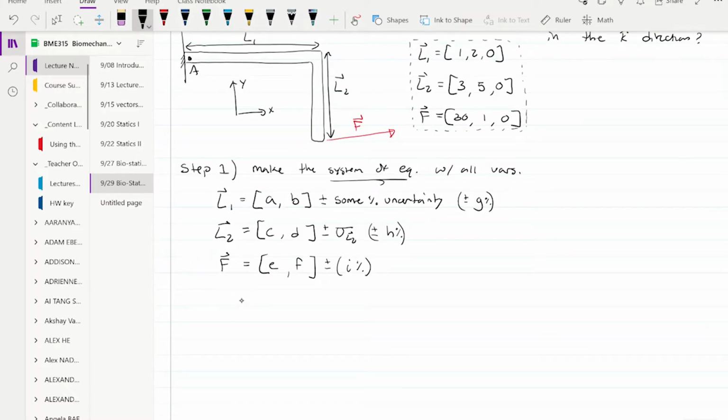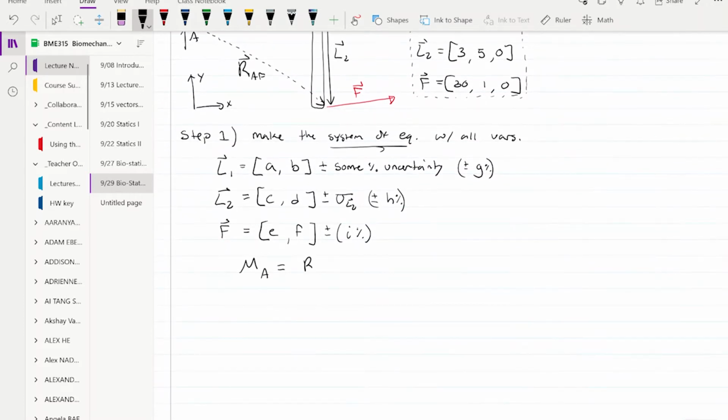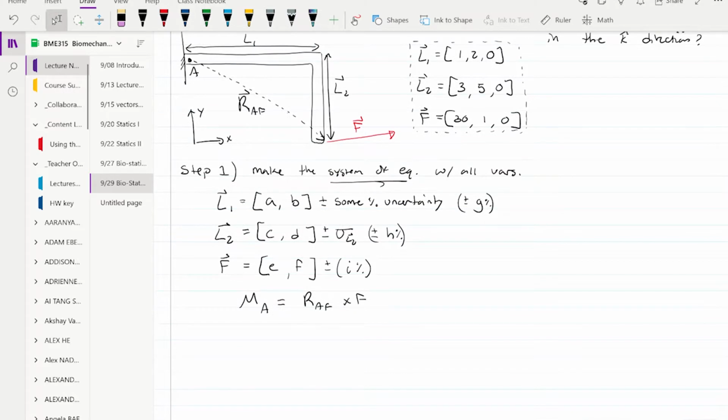So how we do this, we go moment about A is equal to, let's go ahead and just write a vector from A to F. So let's get this vector AF, it's called RAF. And if we just say RAF cross F, then we'll get the moment about A. All right, so how do we build RAF? So RAF is equal to L1 plus L2.